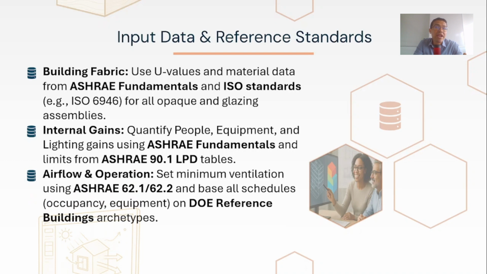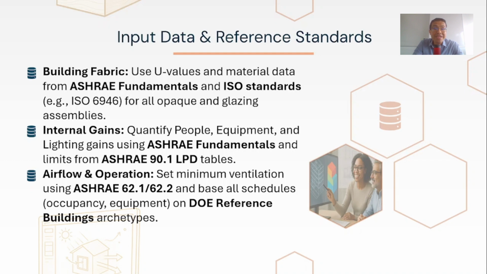You set minimum outdoor air ventilation rates using ASHRAE 62.1 for commercial or 62.2 for residential. For all operating patterns, occupancy, lighting, and equipment schedules, you should base them on recognized DOE reference building archetypes before customizing.